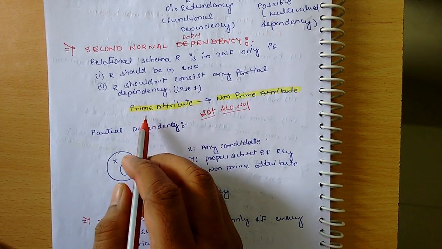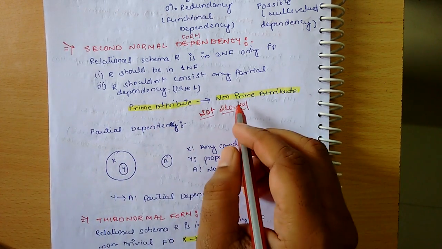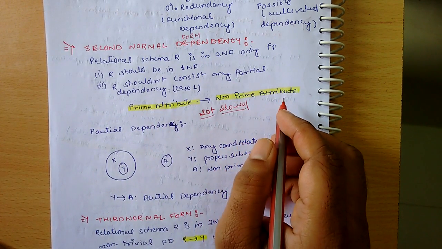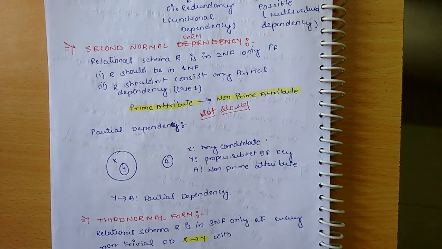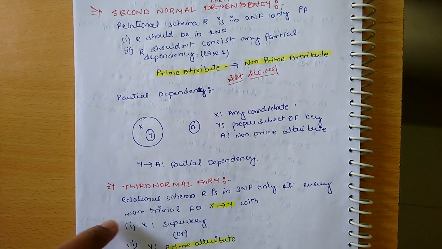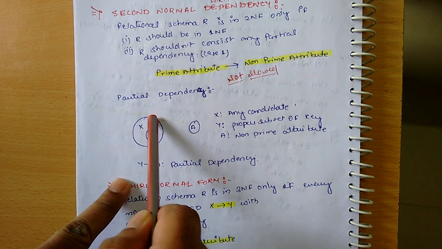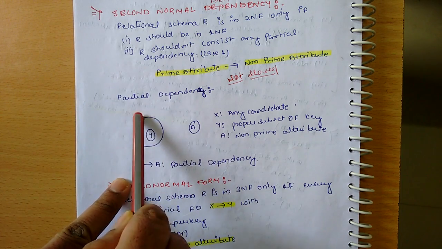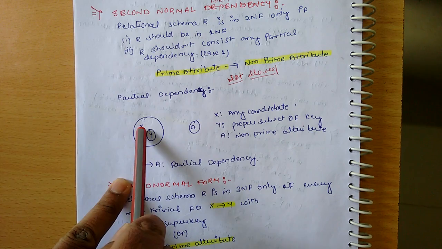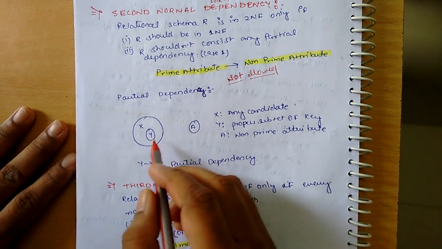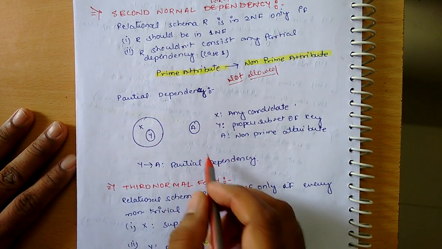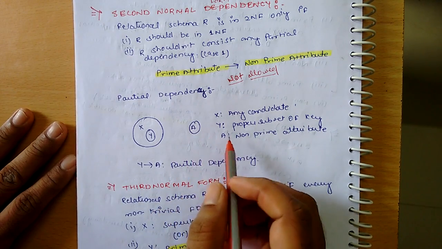A prime attribute is a subset of a candidate key, and non-prime attributes are those which are not a subset of a candidate key. Okay. So what is partial dependency here?